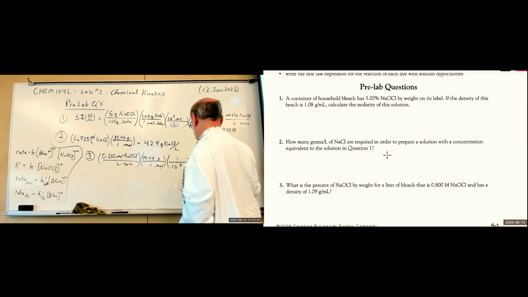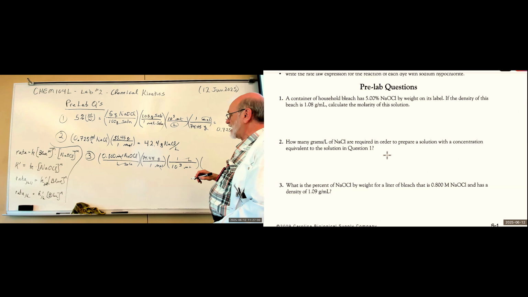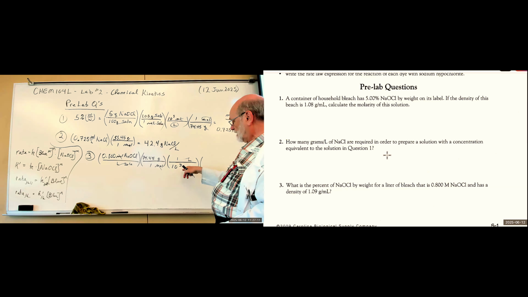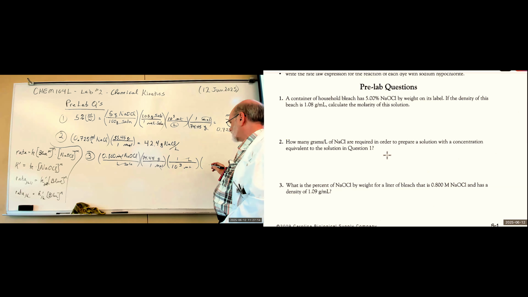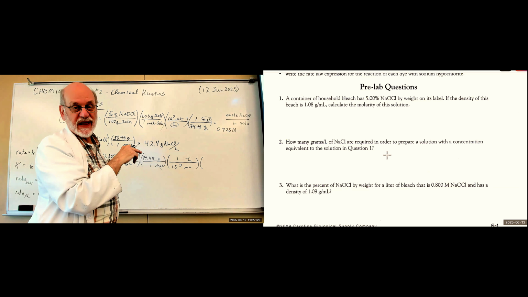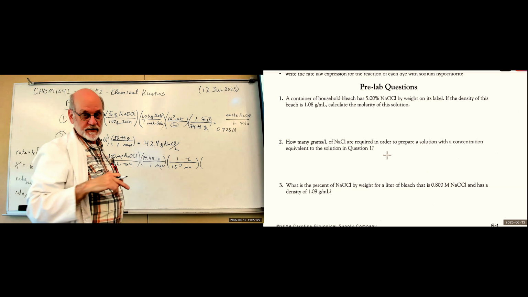Now, convert that to mass. Right? Convert milliliters to mass of the solution. And here's where we need the 1.09 grams per milliliter. So this is a different concentration.